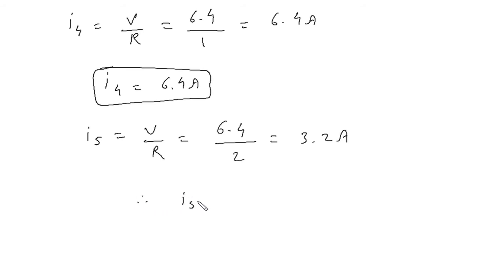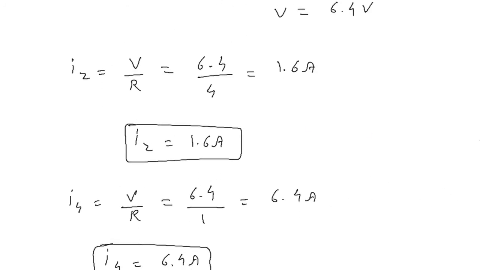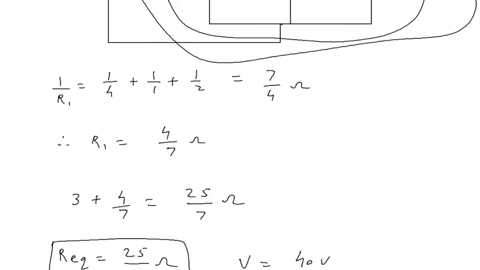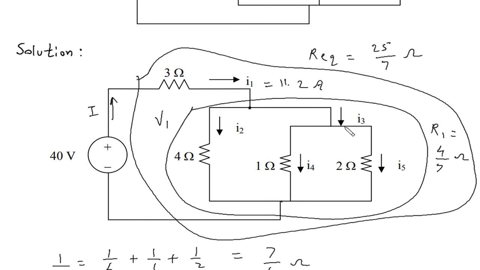Therefore, I5 is equal to 3.2 ampere. Now we have the value of I5, I4, I2 and I1. Only I3 remains.